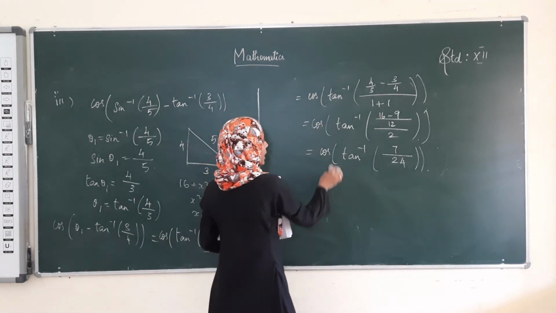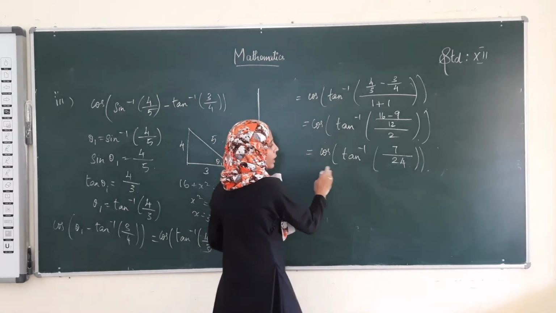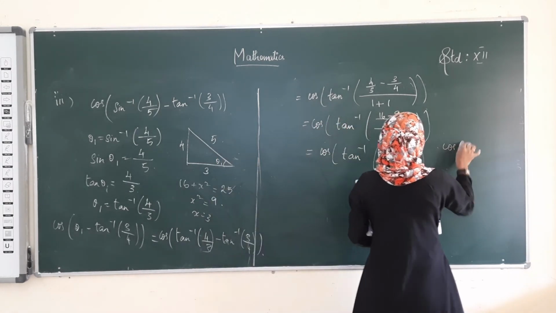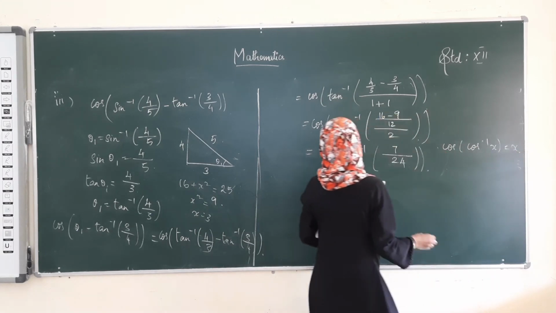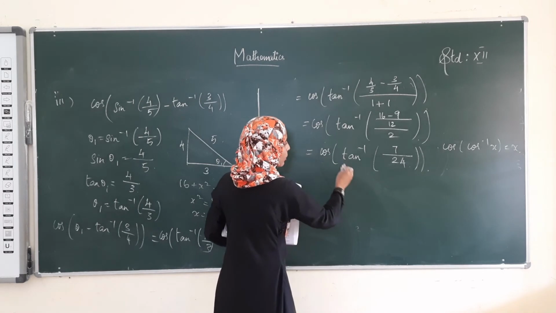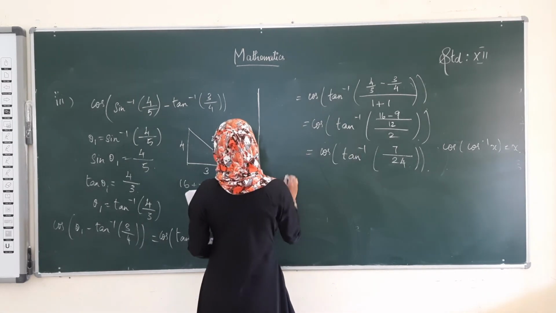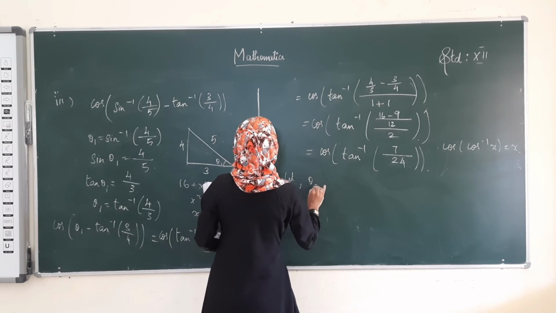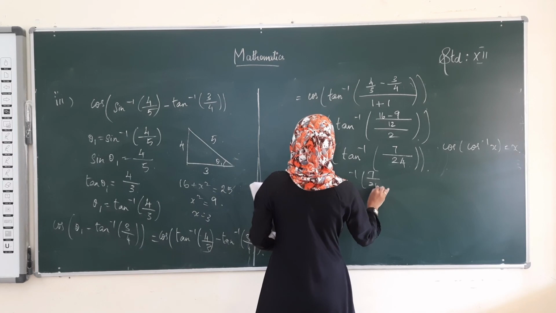Here on the outside we have cos, on the inner side we have tan. So there is a property: cos inverse of x is equal to x. Therefore, for getting this property, what we have to change? We have to change this tan inverse as cos inverse. So let us take theta 2 is equal to tan inverse of 7 by 24.